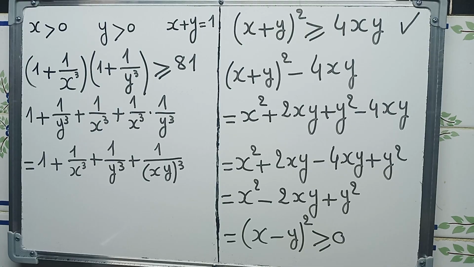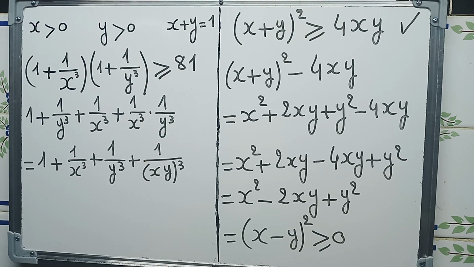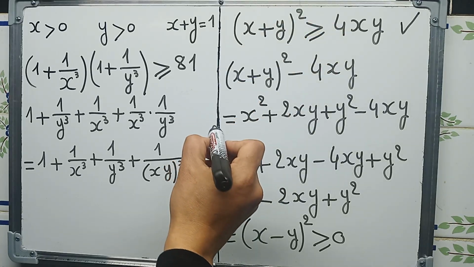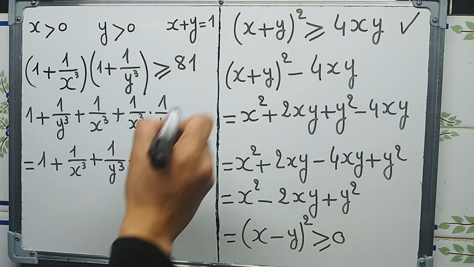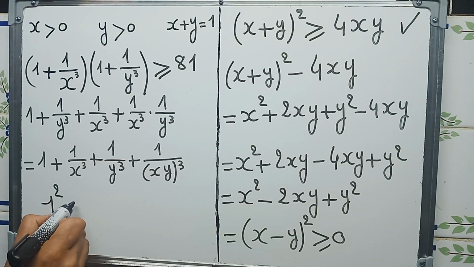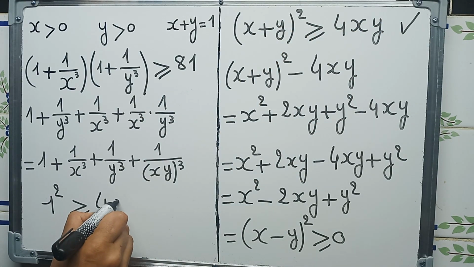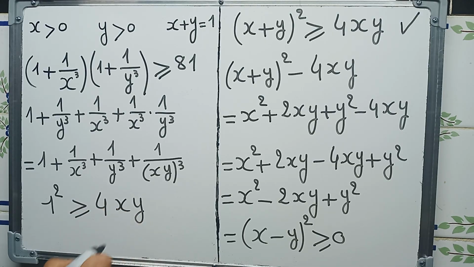Now we will apply it here with our x and y. Since x plus y equals 1, we will have 1 squared is greater than or equal to 4xy.